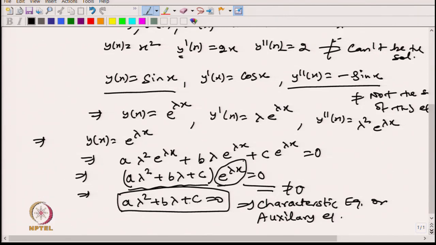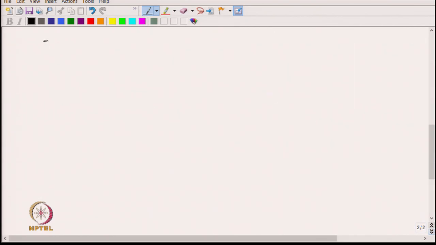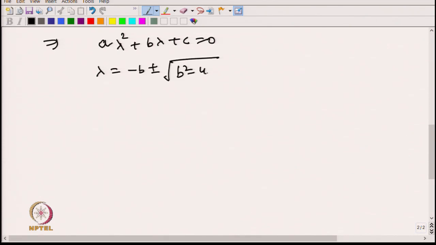So, it has roots, and we already know how to find the roots of a quadratic equation by the standard formula: minus b plus or minus square root of b square minus 4ac, divided by 2a.